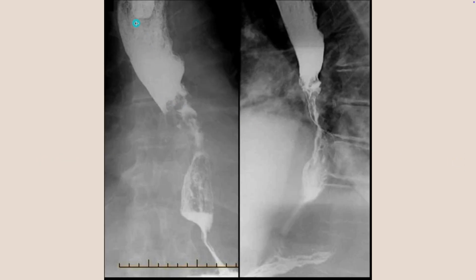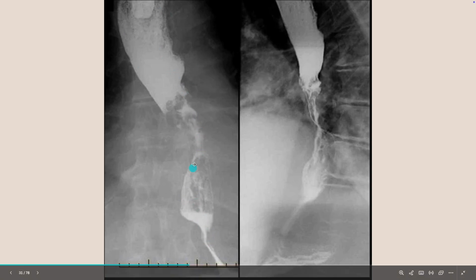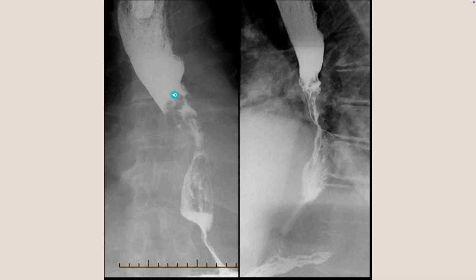Okay, so you need to see that there's a dilated esophagus here, and then the esophagus kind of resumes here, and in between there are a lot of irregular filling defects. The barium is getting through, but you're not able to really see the full esophagus. And this is just a lateral view of the same thing.